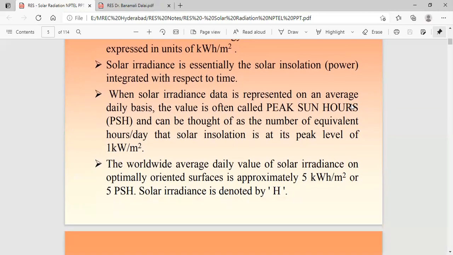The worldwide average daily value of solar irradiance on optimally oriented surfaces is approximately 5 kilowatt hour per meter squared, or 5 PSH. PSH is the peak sun hours. Solar irradiance is denoted by H.